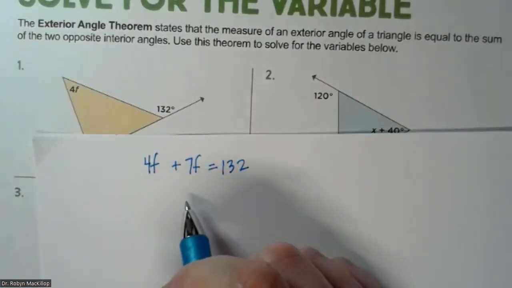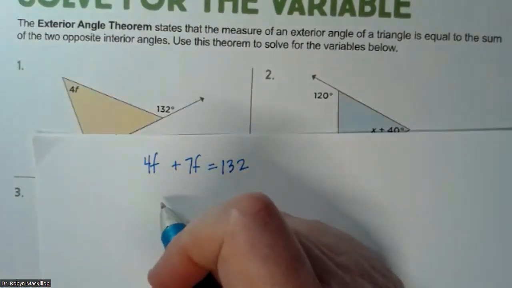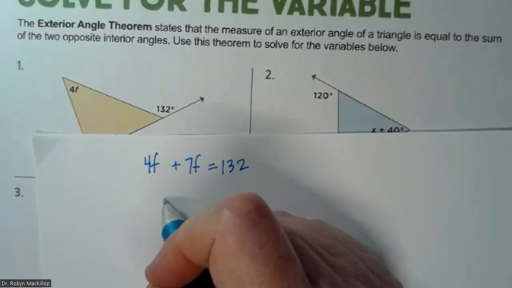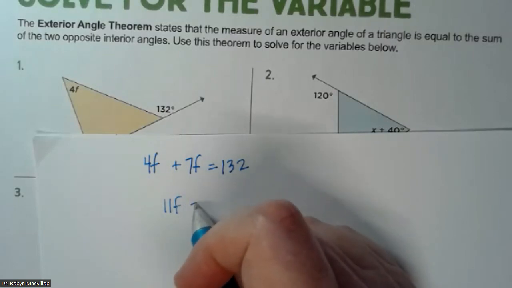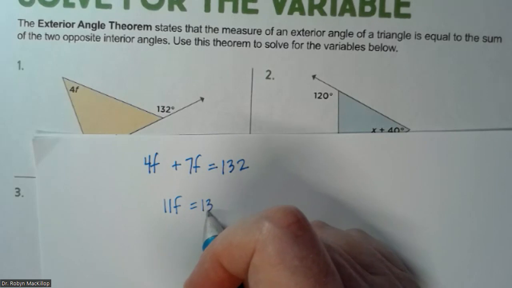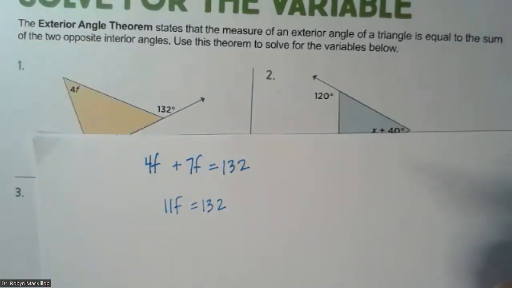So what is 4F and 7F? Doesn't that look like a fairly simple linear equation?